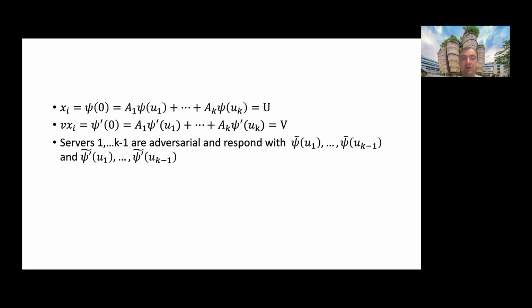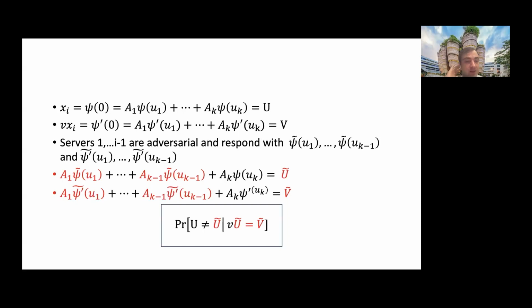Let us, without loss of generality, assume that the first k minus 1 servers are adversarial and respond with psi tilde and psi prime tilde. As a result, instead of U big and V big, we get U big tilde and V big tilde. So you can see what the difference is. The difference is highlighted in red.